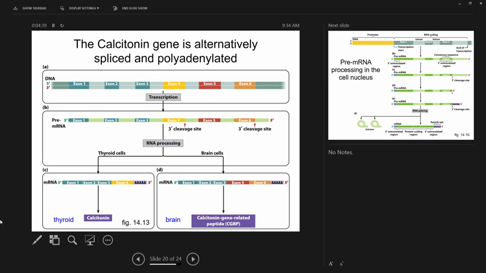You get this cut off. Exon 5 and exon 6 never get transcribed. They're still in the DNA, but they don't get transcribed because the messenger RNA is cut right here, and termination of transcription occurs very closely thereafter.